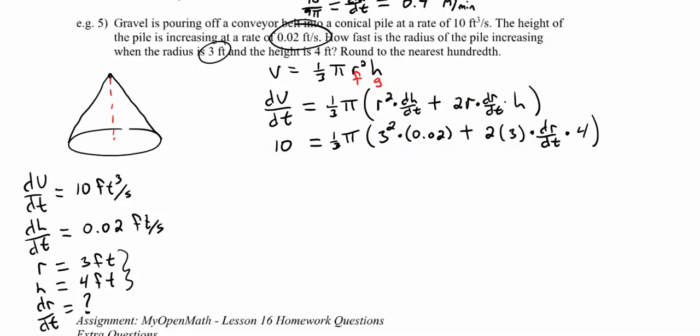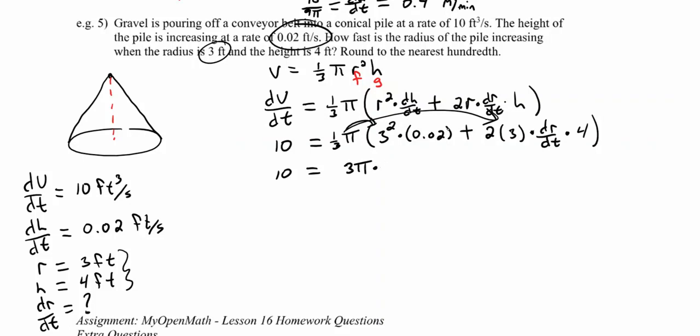Let's rewrite this again. 10 is equal to, and I'm going to distribute the pi over 3 into this term and into this term. Are you okay with that? I want to keep the pi; I don't want to put it all into decimals yet. So this first part would be 9 over 3, so 3 pi.